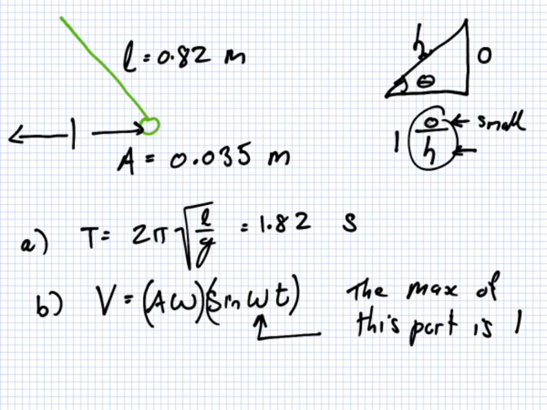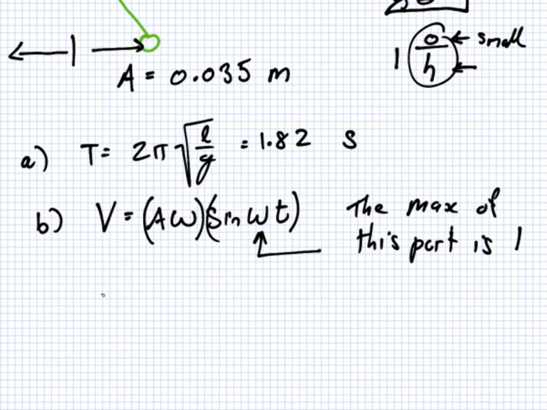So that just takes me to my point. The formula for the maximum velocity is just A omega. That's the biggest the velocity could be. So do I have my omega? No, I don't. I need to calculate it.